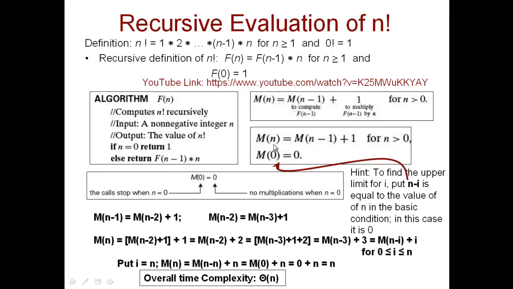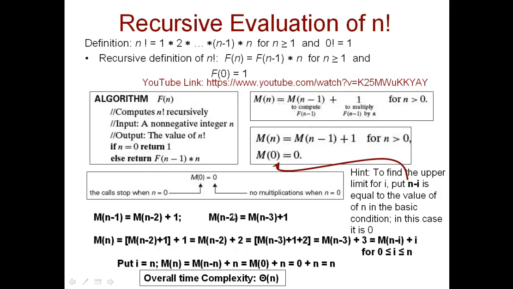Replace this n with n minus 1, and we get M of n minus 1 equals M of n minus 2 plus 1. Now instead of M of n minus 1, we can substitute this recurrence. That leads us to M of n equals M of n minus 2 plus 1 plus 1, which is M of n minus 2 plus 2.